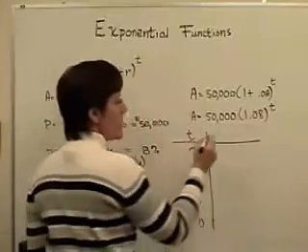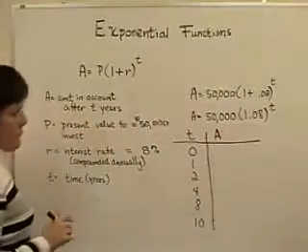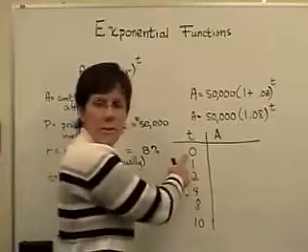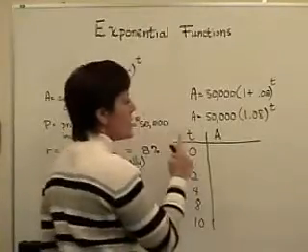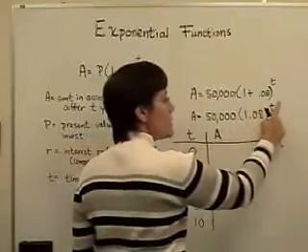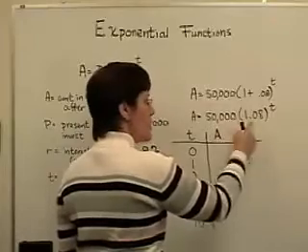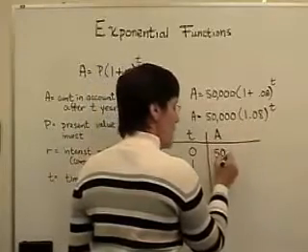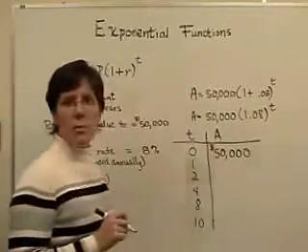Now I need to do that in my calculator so I can find out A, which is the amount that's in the account after that period of time. So after 0 years means now. So what's in that account now? Well, 1.08 to the 0 power, anything to the 0 power is 1. So 50,000 times 1 is 50,000, and that seems very clear that I've got $50,000 in that account right now.